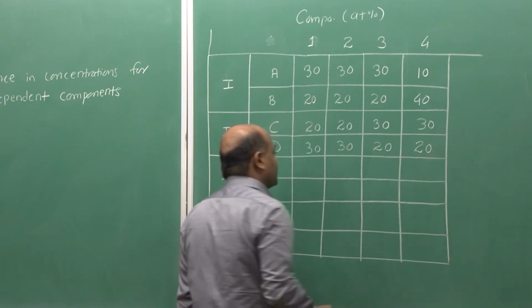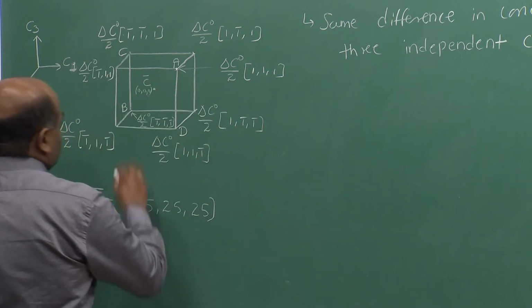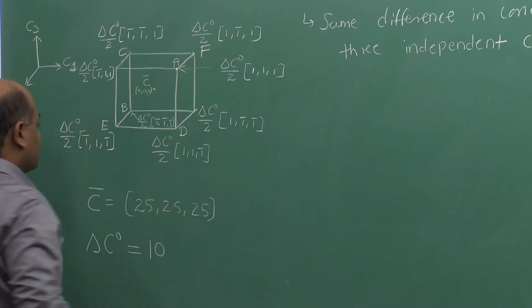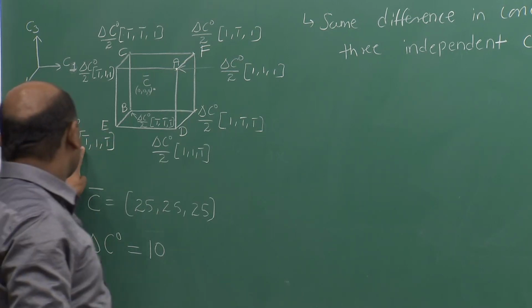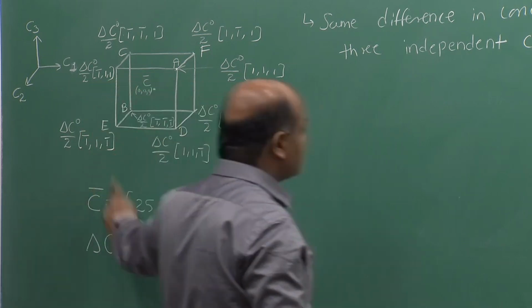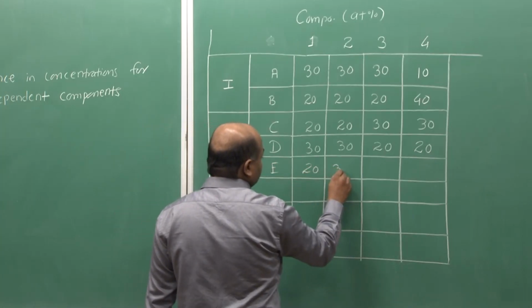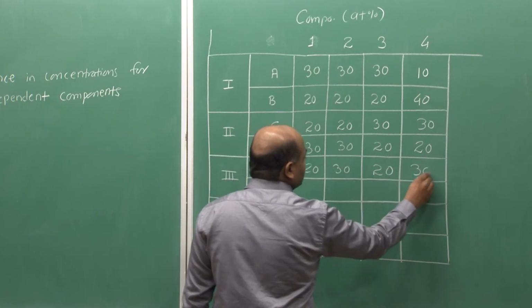Remaining will be 20. Then E F, the composition of E would be -5 5 -5. So, 20 30 20. Remaining will be 30.